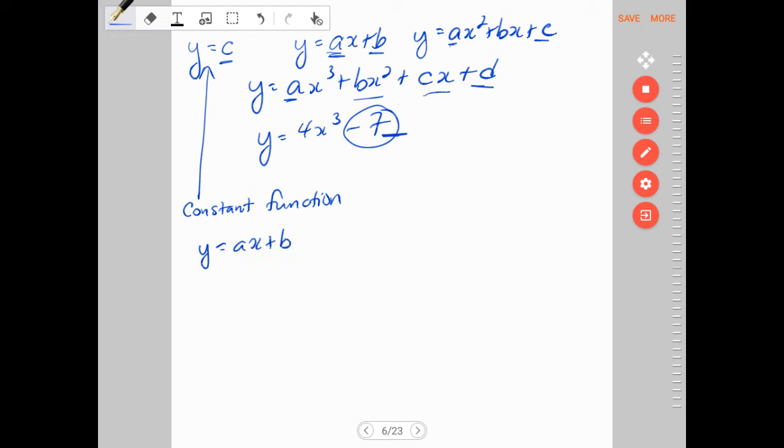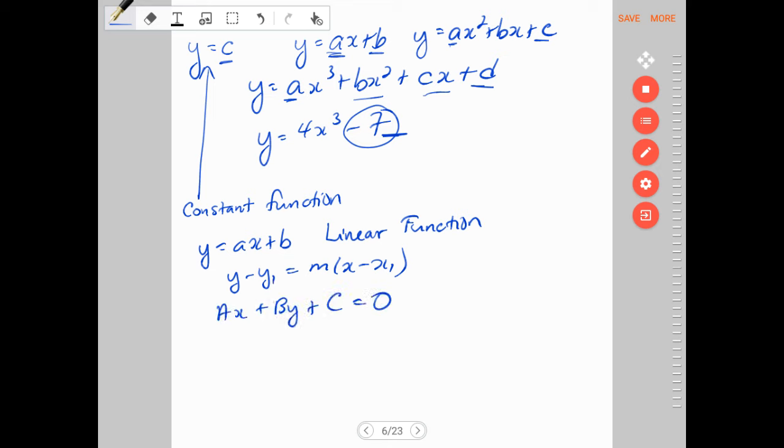The next equation, y equals ax plus b, is the standard form of a linear function, which you should be familiar with from Math 10C. We know that linear functions can also be written in the form y minus y1 equals m times x minus x1, or ax plus by plus c equals 0.